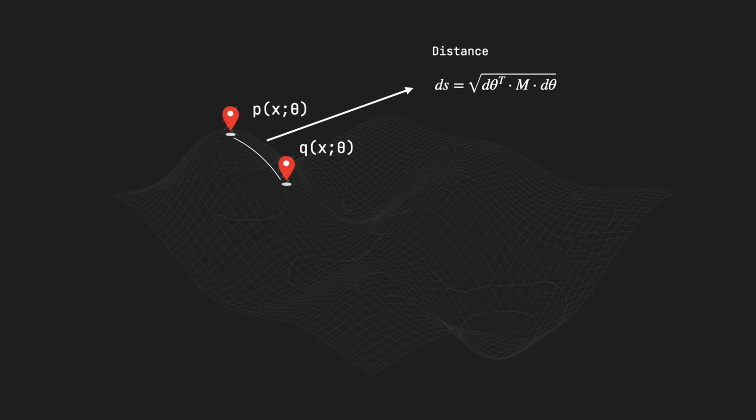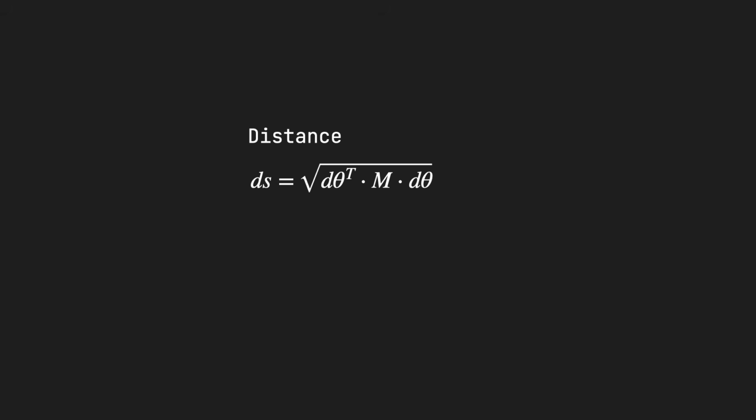This is a formula that's used to calculate distance. It's the Pythagorean theorem, very simple. You have your displacement vector, you take its transpose, and you multiply with M, where M is the metric tensor, and then with d theta, which is what we saw before, your displacement vector.